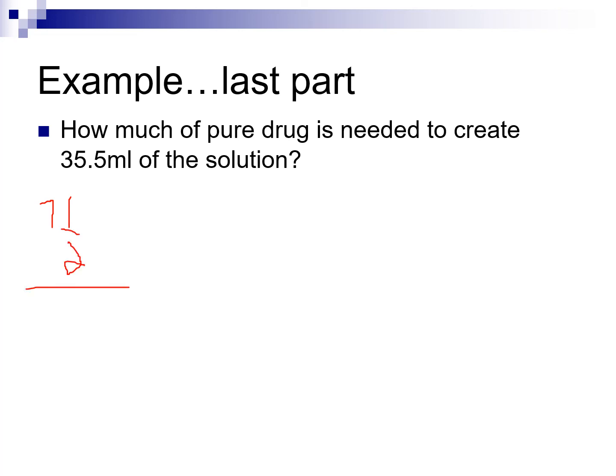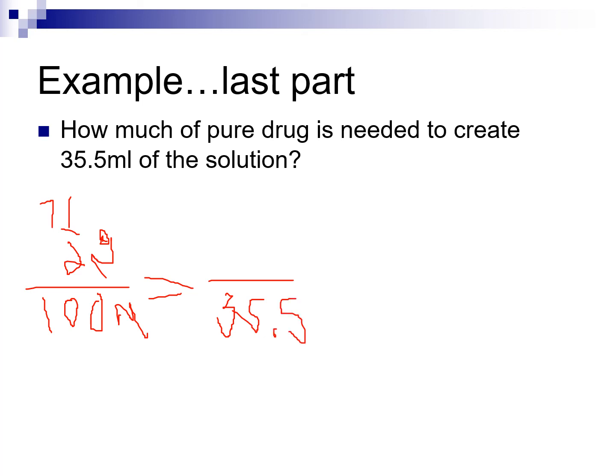That's what it told us. So this is like part 1, part 2, part 3, part 4 of this problem. Grams, mils. So that's telling me where I need to put my 35.5: it needs to be on the bottom.